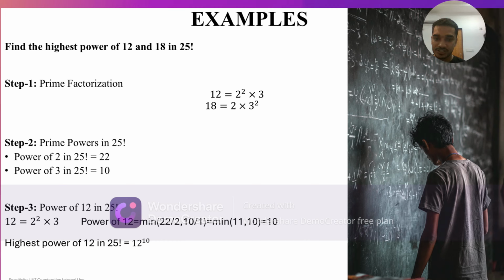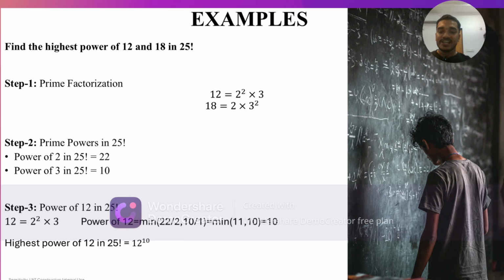So 22 divided by 2, and 10 divided by 1, because 3 to the power 1 has power 1. So 22 divided by 2 is 11, and we compare 11 and 10. The minimum of 11 and 10 is 10. So the highest power of 12 in 25 factorial is 12 to the power 10.